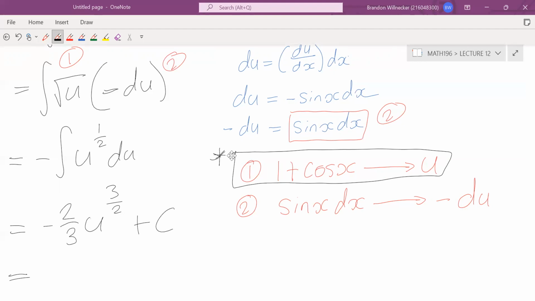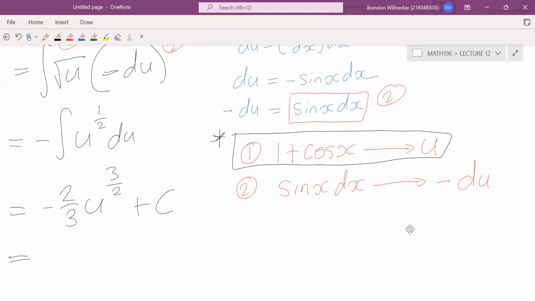I don't want to write it in u, I want to write it in terms of x. What do I get for my final answer? I'll give you a hint. It starts with minus 2/3. So it's going to be minus 2/3 multiplied by 1 plus cos x to the exponent 3/2 plus c.